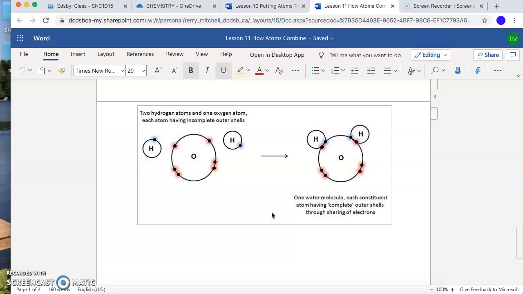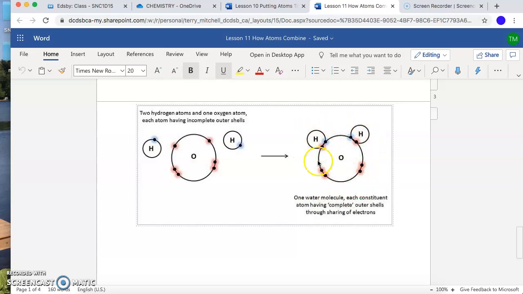Here's water, same thing. Hydrogen has 1 out of 2 in its outer orbit. This hydrogen has 1 out of 2. And oxygen in its outer orbit, the first orbit's not shown here, has 6 out of 8. So it bonds together like this, and you can see the color coordination shows it a little bit better. Hydrogen now has 2 out of 2. This hydrogen has 2 out of 2 in its outer orbit.